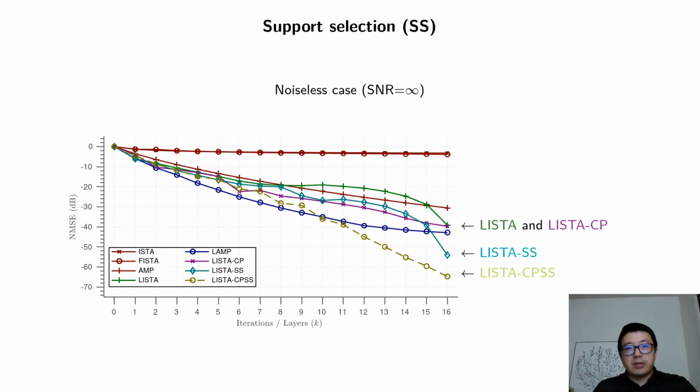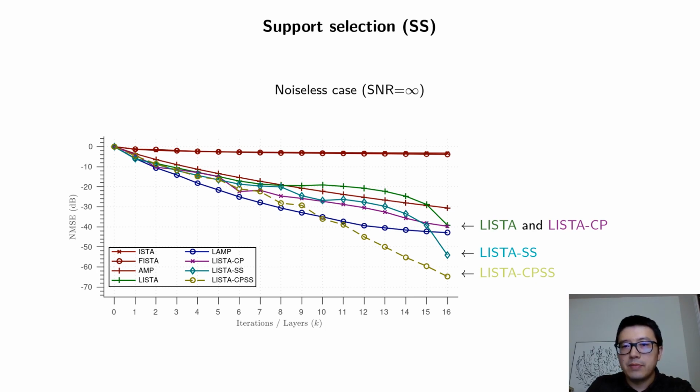Now let's add support selection, and this is the noiseless test. Therefore, the signal to noise ratio of the measurement is infinity, and we are able to reach a lower dB of normalized mean square error. At the bottom is LISTA coupling with support selection, and this is LISTA with support selection.